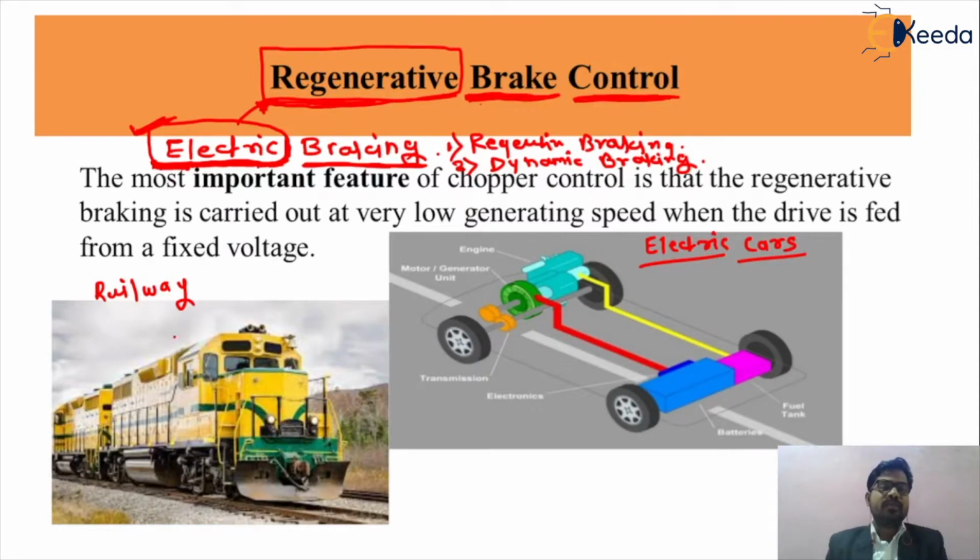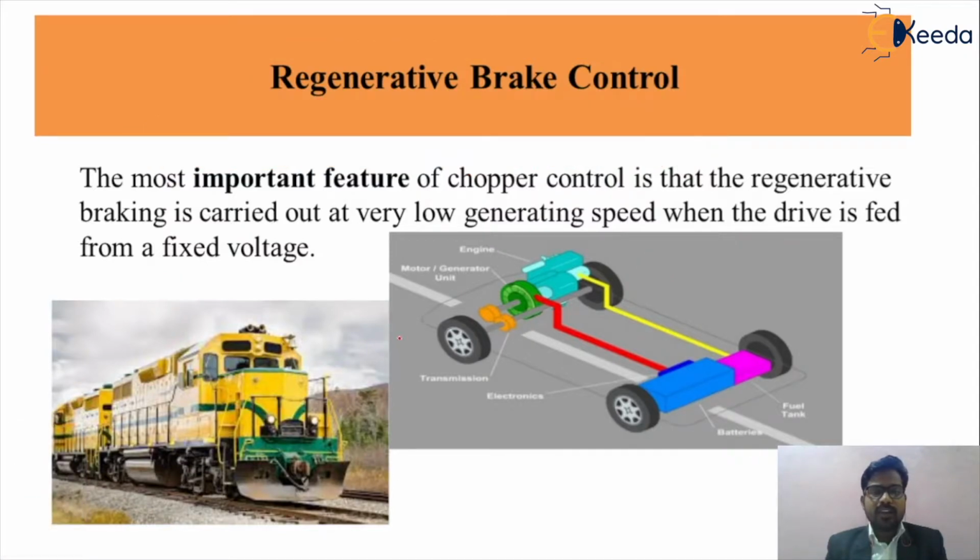Friends, this regenerative braking is very useful in the traction system, or what we call the railway system, as shown in the figure. Now I can show you this regenerative braking. Here is an electric car, sometimes called electric car, or maybe a fuel car.